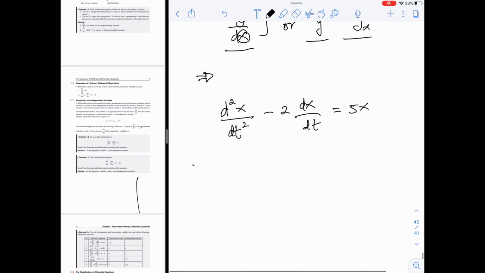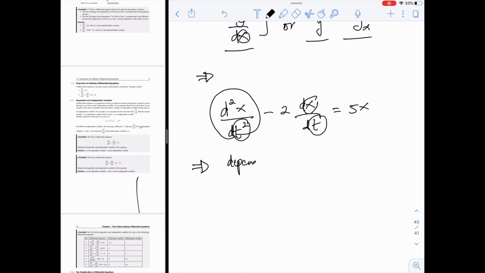As we can see here, we can read this function as x depends on t. So which one is dependent and which one is independent?